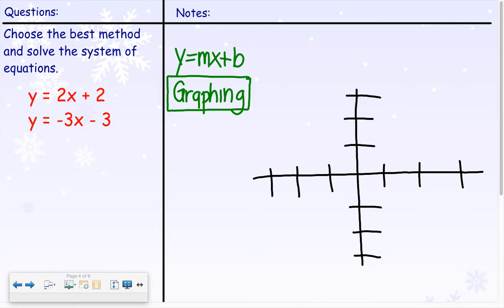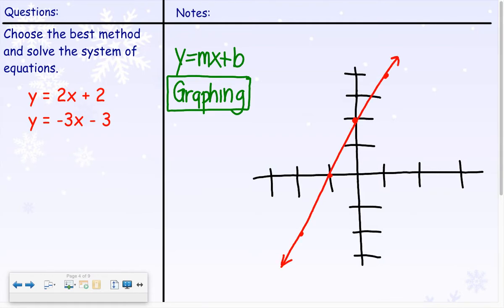Okay, so I'm going to graph the top equation first, 2x plus 2. So 2 is my y-intercept. Up 2 over 1, and then I'll do a couple backwards. Alright, so there is my first line.